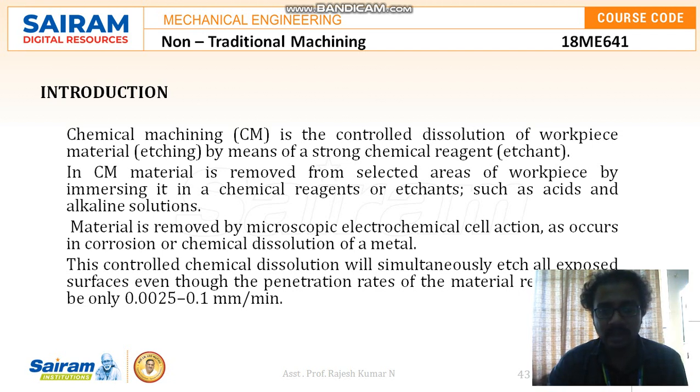This controlled chemical dissolution will simultaneously etch all exposed surfaces, even though the penetration rates of material removal may be only 0.0025 to 0.1 millimeter per minute. It means the metal removal rate is very slow.